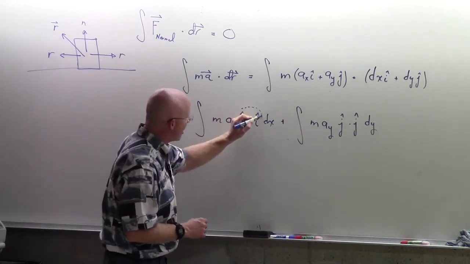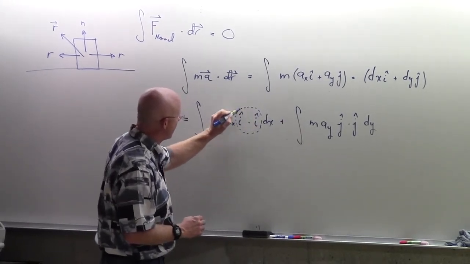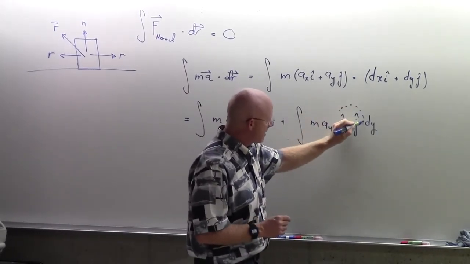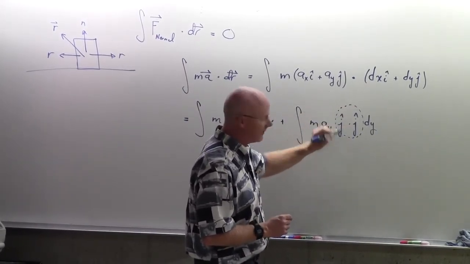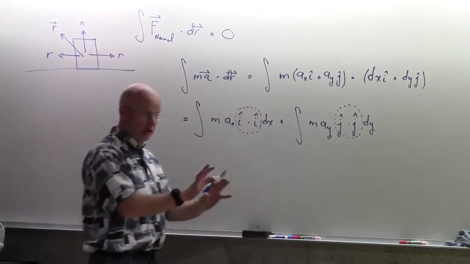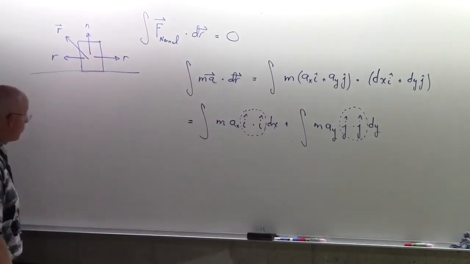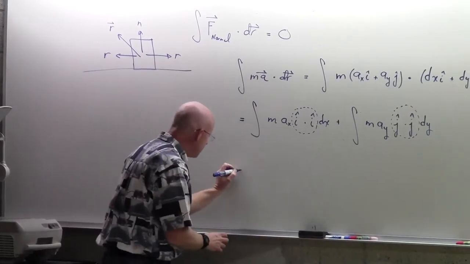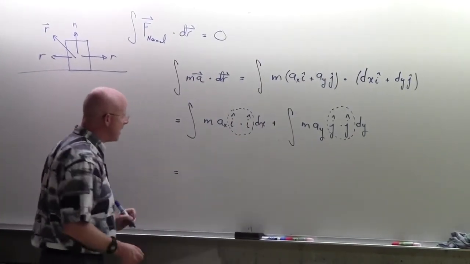What would you call i hat dot i hat? 1. And what would you call j hat dot j hat? 1. All right, so you guys are getting good at those. Good. I'm glad we went through all this. And so these two integrals simplify. In fact, they're kind of looking the same to me.